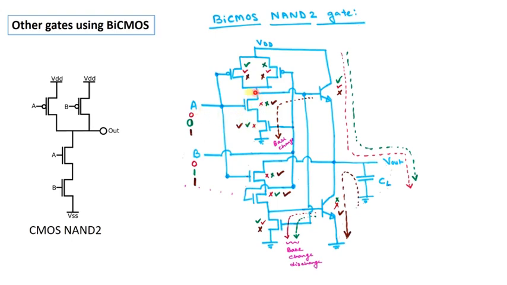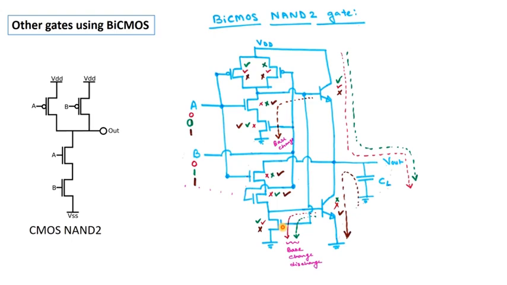One of the NMOS we have to connect with A, and the other NMOS we have to connect with B. So, that is the new thing here, right. Now, this base has to be connected with the gate of this NMOS. That is similar to what we have done in the last slide.